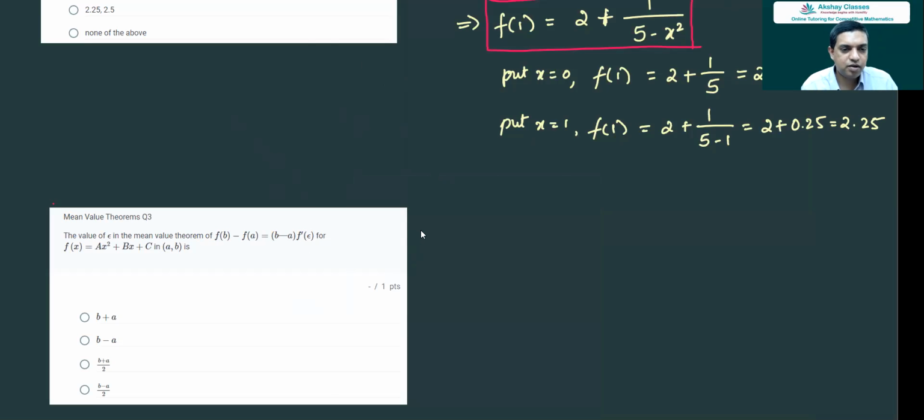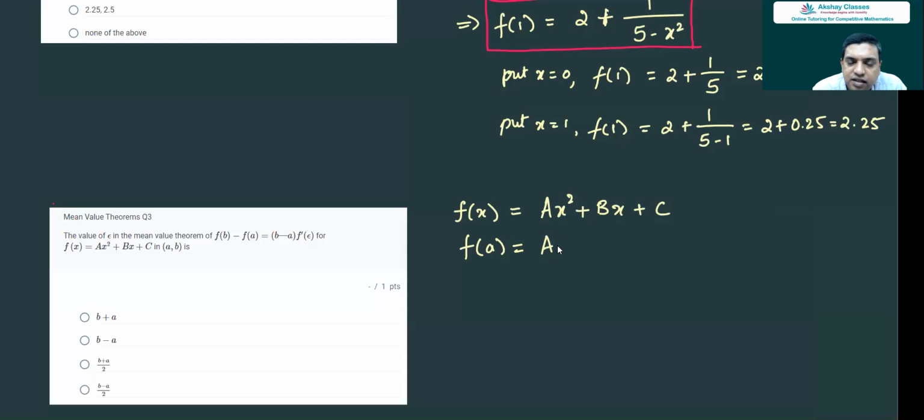Okay. So look at this. So f of x is capital A x square plus bx plus c. Now f of a is capital A small a square plus capital B small a plus c.